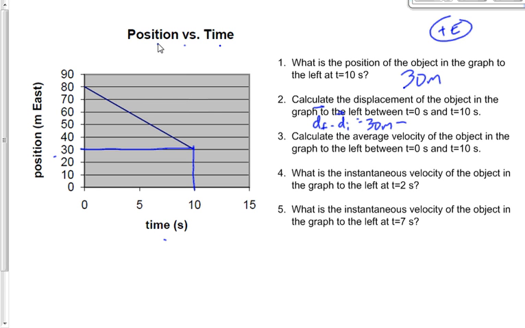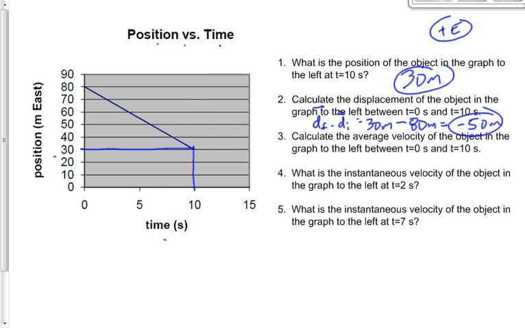The initial position is what? Initial position is what, Jared? Yeah, 80, good. 30 minus 80 is what? Looks like negative 50. What does the negative mean? West.